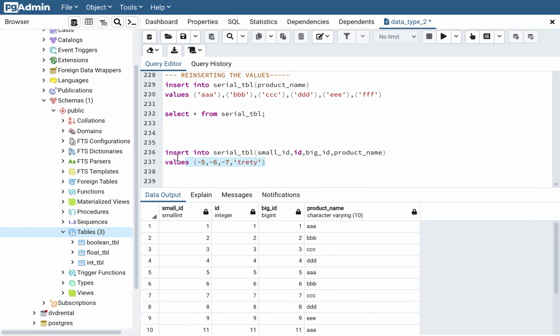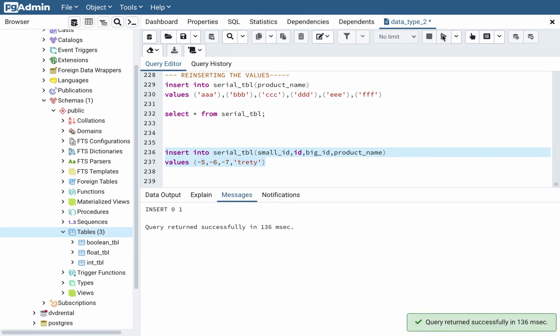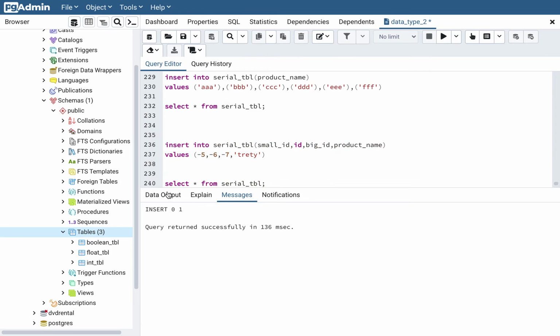Now, the moment I execute this, see what I'm trying to do here. I am trying to insert negative values. So the question is, does any serial data type, small serial, serial or big serial, accept negative values? Let's see. Oh wow, see, the query has executed successfully, right?